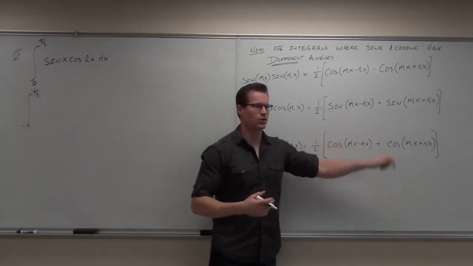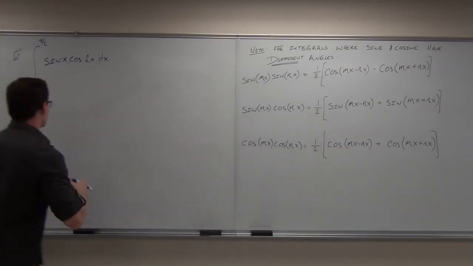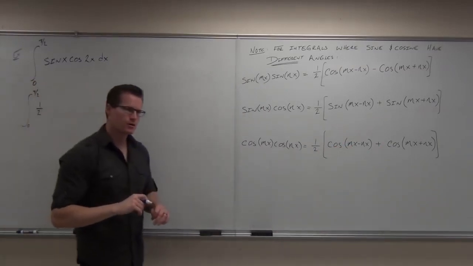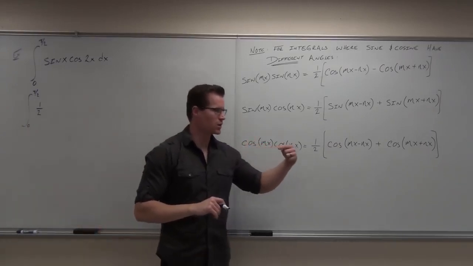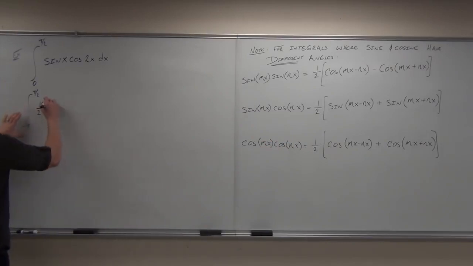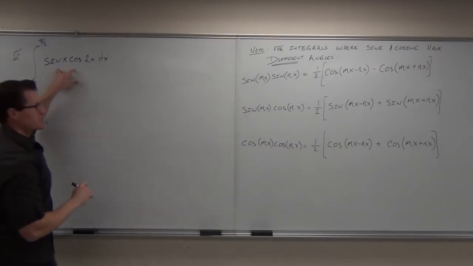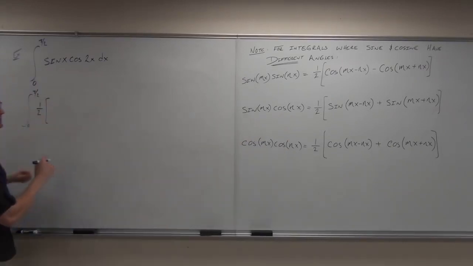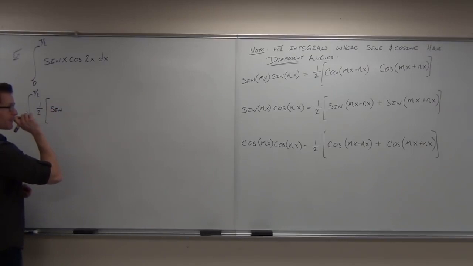So what's the first thing that we're going to do? One half has got to be there. What are we ultimately going to do with that one half? No, we're not going to distribute it. We're going to pull it out. Okay, so I'm going to draw my bracket here. Let's change this using this identity. Tell me the first thing I'm going to write inside of my bracket. Sine of what? x.